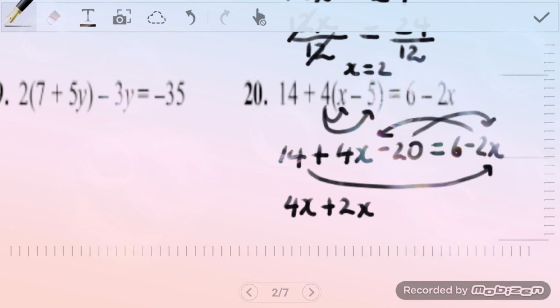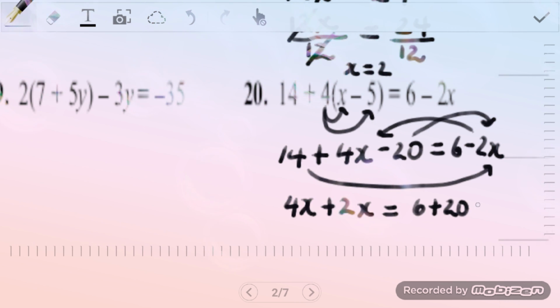I now have the variables on one side. I didn't make mention of the 6, so I leave that alone. I brought the negative 20 over, it becomes positive 20. And I also brought the 14 over, it becomes -14.